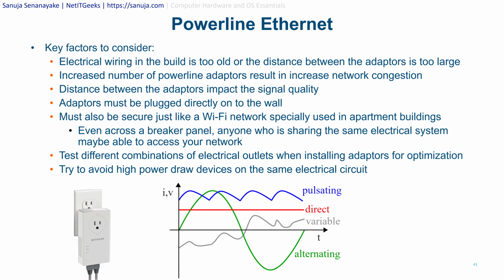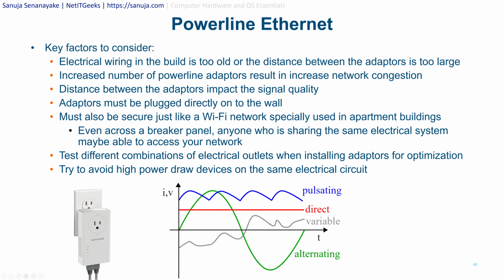As a result, your Powerline Ethernet is not going to work. So you have to make sure that the adapters are directly connected to the wall. Otherwise, you will encounter problems as a result of your UPS or power conditioning devices or surge suppressors eliminating the data signal. Because we are using the electrical wiring to send the data signal across it, right? So that's why that could happen.